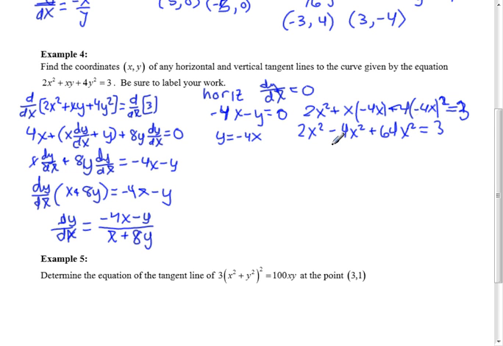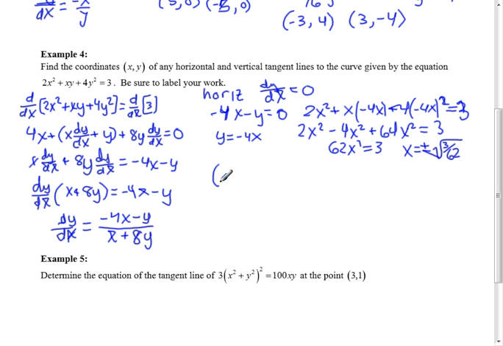Alright, adding those together, we get 62x squared equals 3, and solving that, we get x equals plus or minus the square root of 3 over 62. Now, if you really want, you could try to simplify this, you could rationalize it, but you don't have to. Just leave it there.